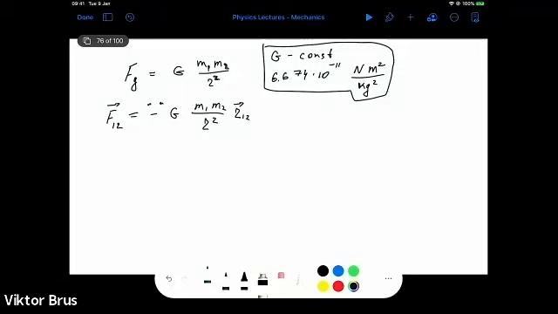So we can write that the gravitational force on the surface of the Earth will be equal to capital G, mass of the Earth times mass of any object on its surface, divided by the radius of the Earth squared.